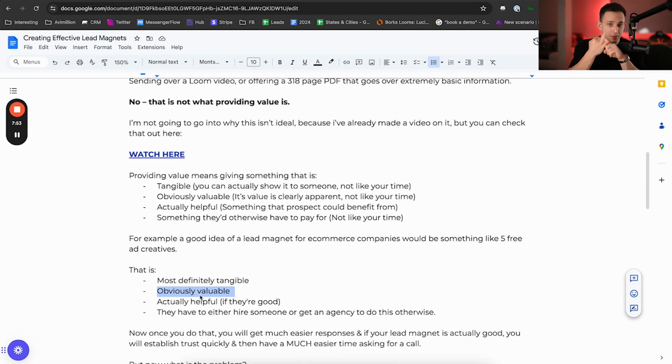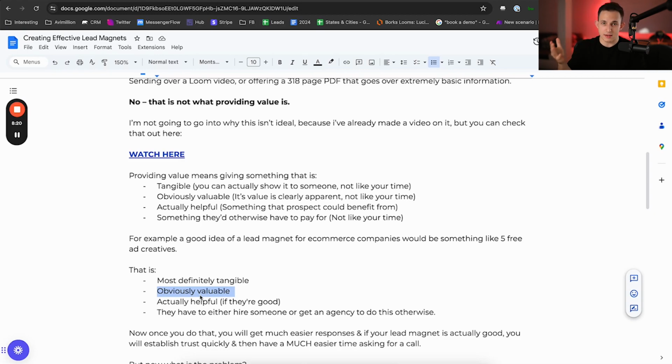An e-commerce company knows that to produce ad creatives, they have to expend time or money, or both, okay? It's actually helpful, if they're good, okay? Now, why is that the case? If an ad creative is going to increase the performance of your ads, therefore it's better than what you currently have, it is actually helpful.